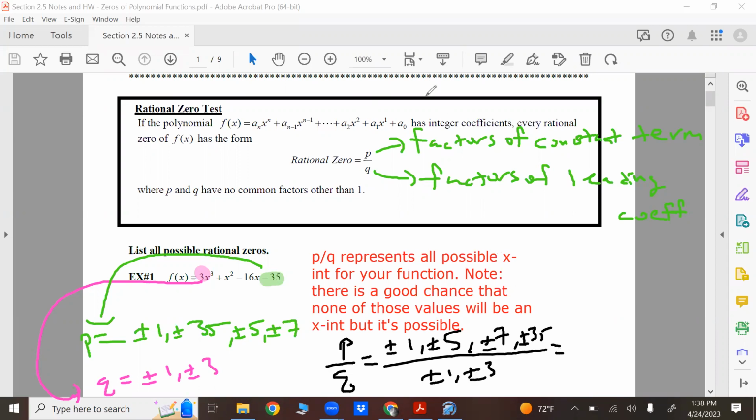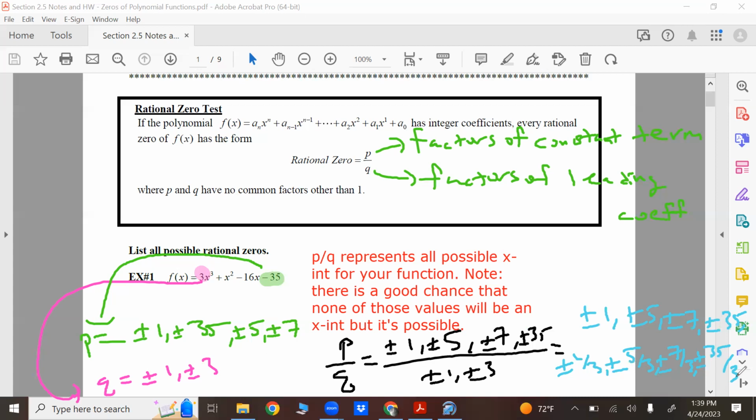It'll be plus or minus 1, plus or minus 5, plus or minus 7, plus or minus 35, plus or minus 1/3, plus or minus 5/3, plus or minus 7/3, plus or minus 35/3. So there's 16 possibilities because there were 8 factors of 35: 1, 5, 7, 35, and their negative counterparts.